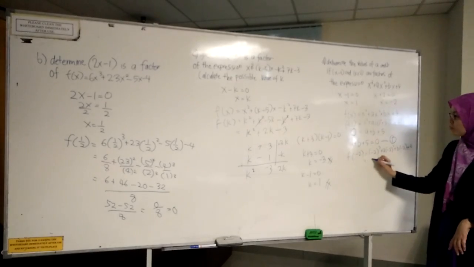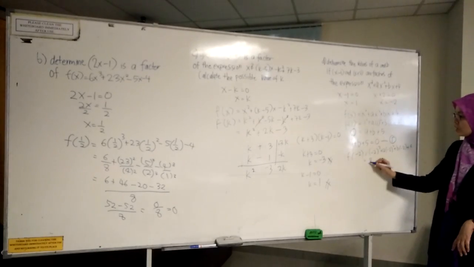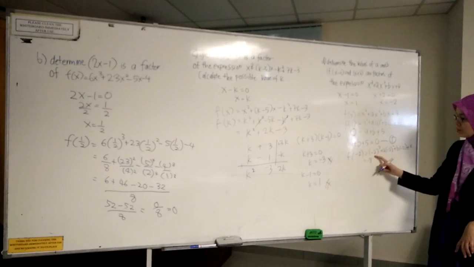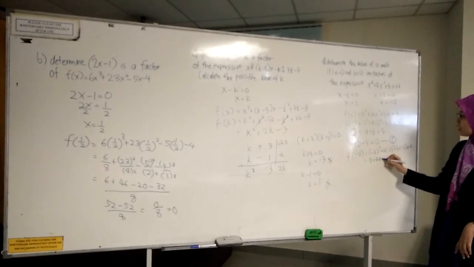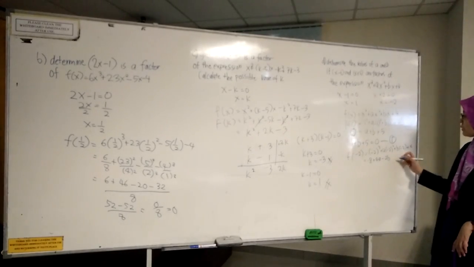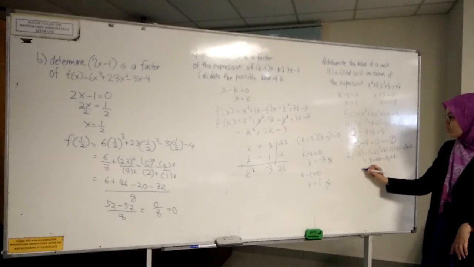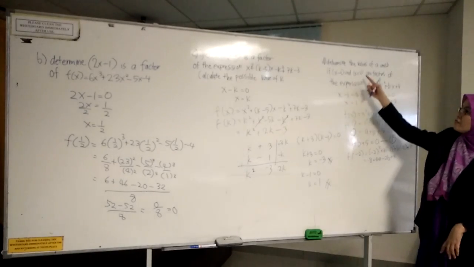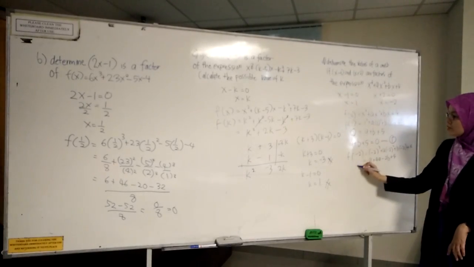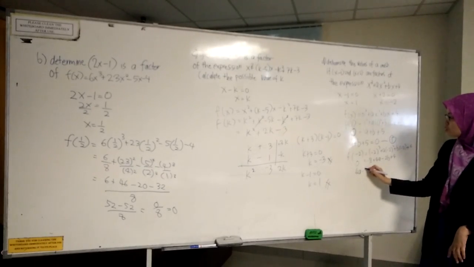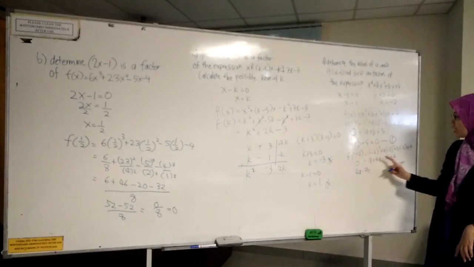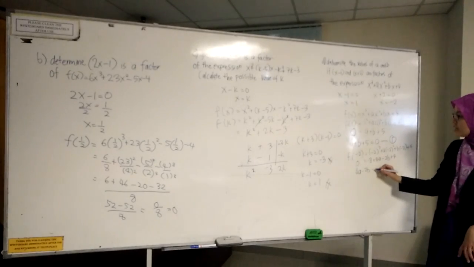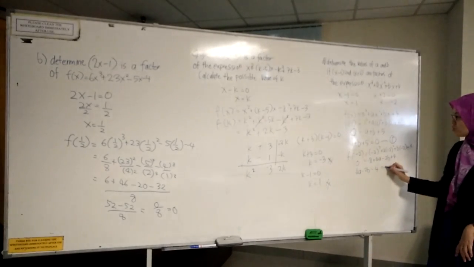This one will be negative 8, because negative 2 to the power of 3 is negative 8. Plus 4a minus 2b plus 4. This is a factor of this, so it equals 0. Hence 4a minus 2b, negative 8 plus 4 will be negative 4, equals 0.